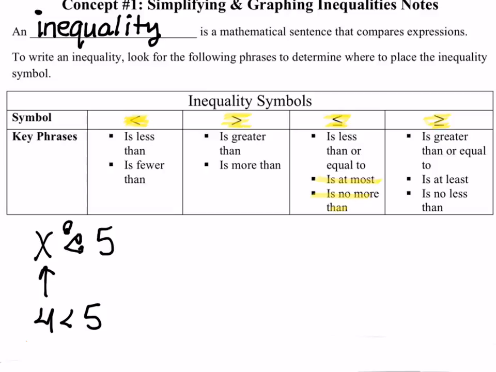I think of this as if I'm going shopping and I can spend at most $20. That means I can spend up to and including $20, but I cannot exceed that. For greater than or equal to, if I can spend no less than $20 on a present or an order of food, that means I spend $20 or more.